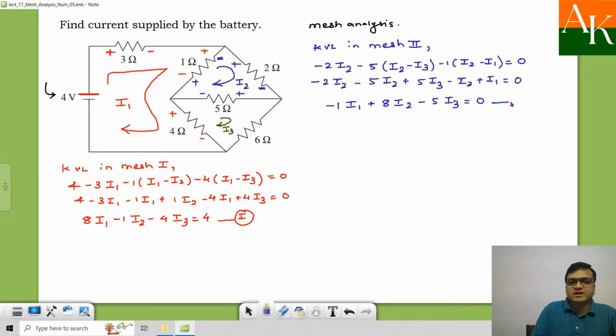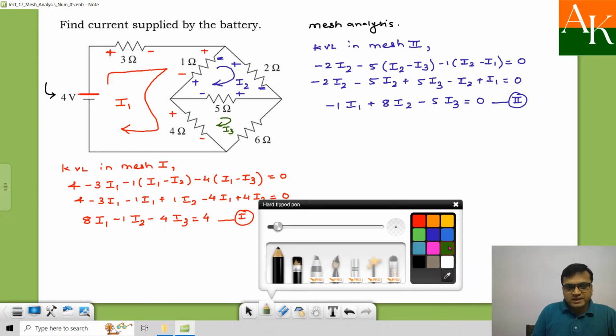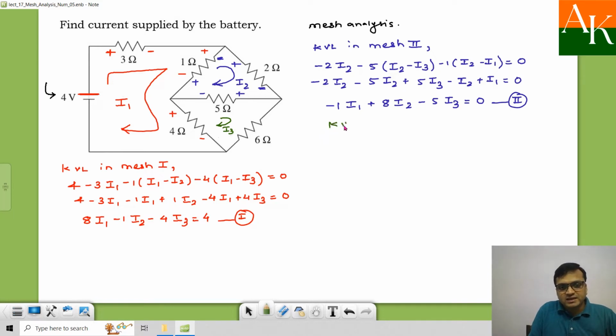The right hand side 0 indicates that there is no voltage source, or the net voltage in this mesh is 0. Now the third equation you will get by applying KVL in mesh 3. Before that, I will assign the signs for the voltages across the three resistances.